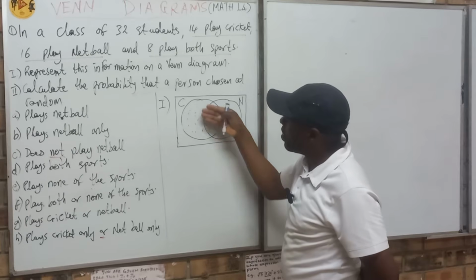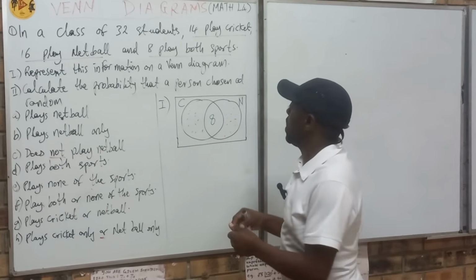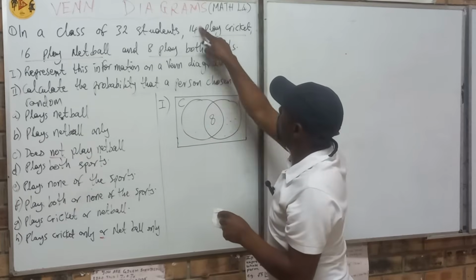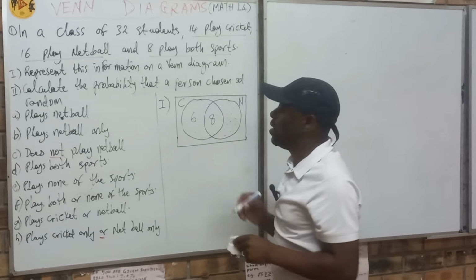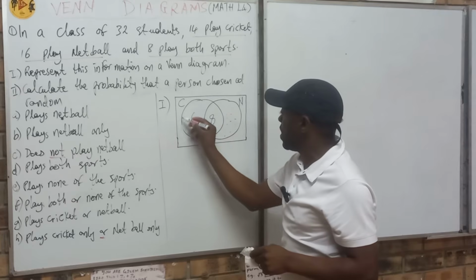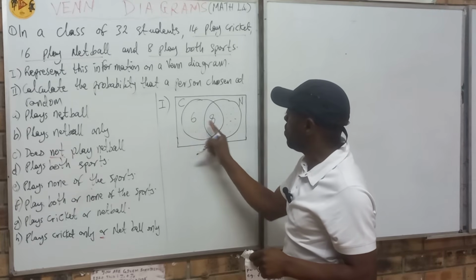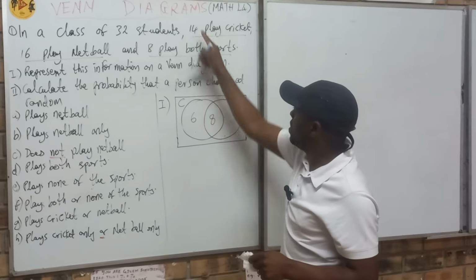Then there must be some that play cricket only in order to make the 14. So for cricket only, I take 14 minus 8 to see that there are 6 who play cricket only. If I go through the whole circle, those who play cricket are 6 plus 8, which is 14.